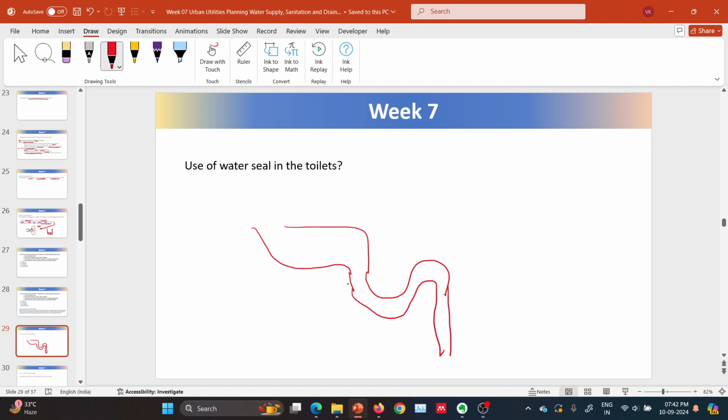This much water is contained here. Here it is disposed, so the gases may come out. These are gases. The gas can't pass through this water, so it will reduce the odor. So this is the water seal.